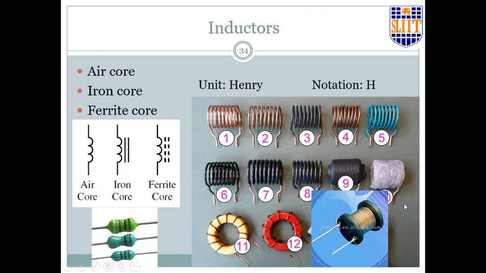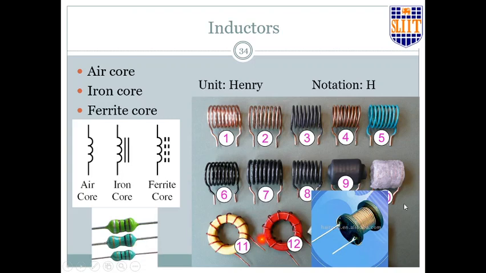There can be different materials in between or inside: air, iron, or ferrite. Air core, iron core, ferrite core. Different types can be there. Either you buy an inductor, or you can buy inductors that are wound around ferrite cores, right? They are really available to people.